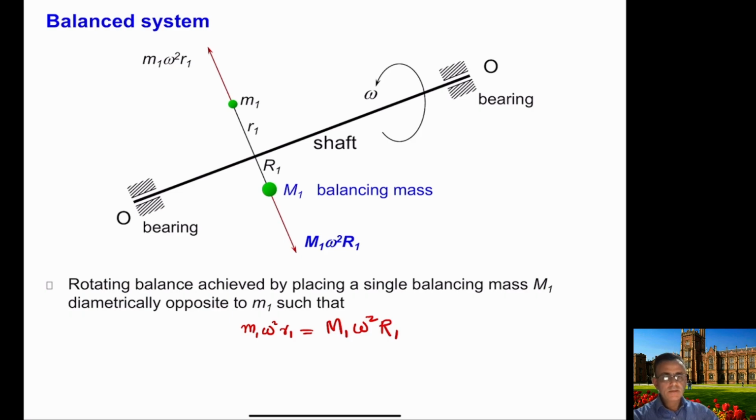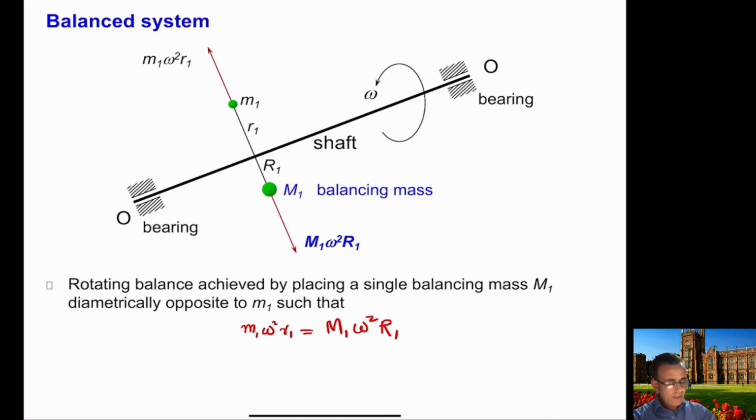So if we can satisfy this condition, that the centrifugal force of the original out of balance mass is equal to the centrifugal force of the balancing mass, which is M1, then the system will be in balance here.